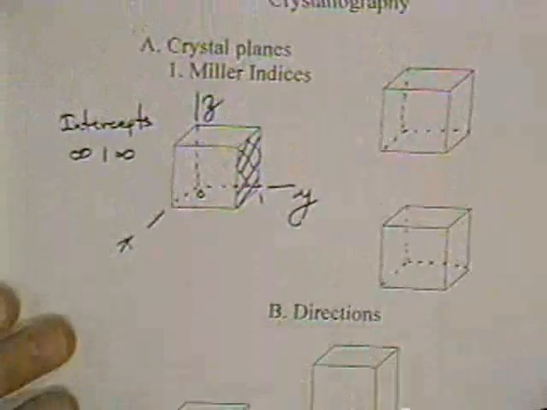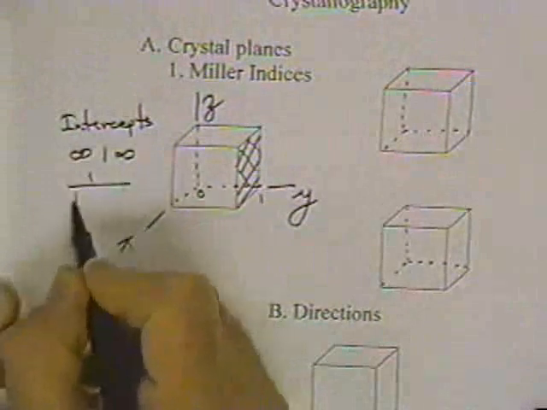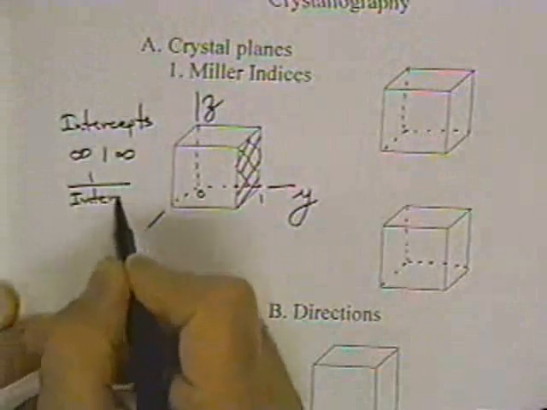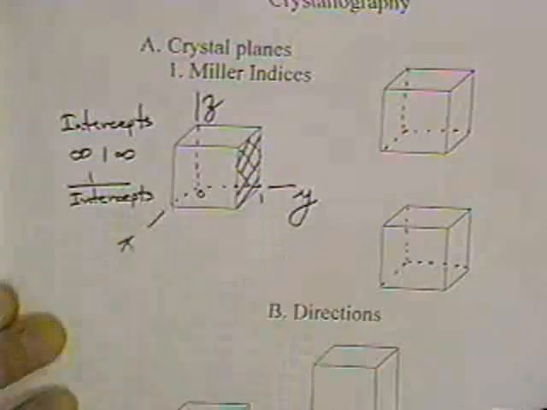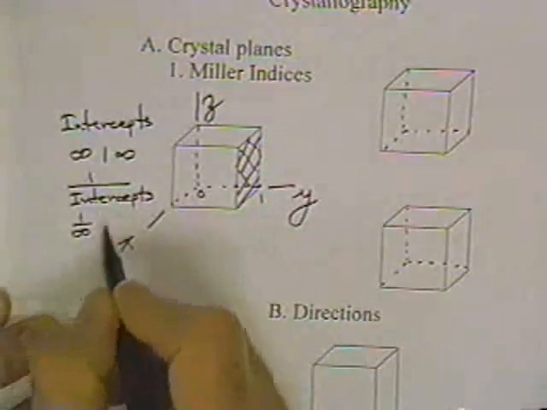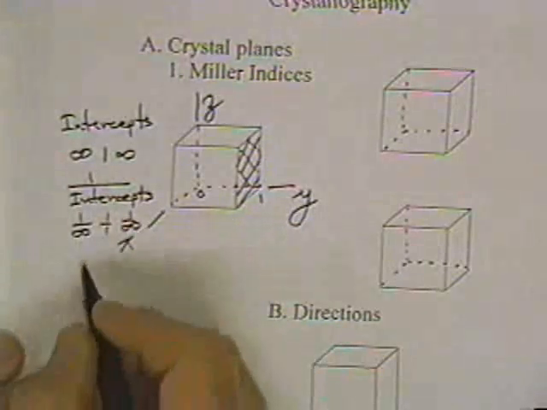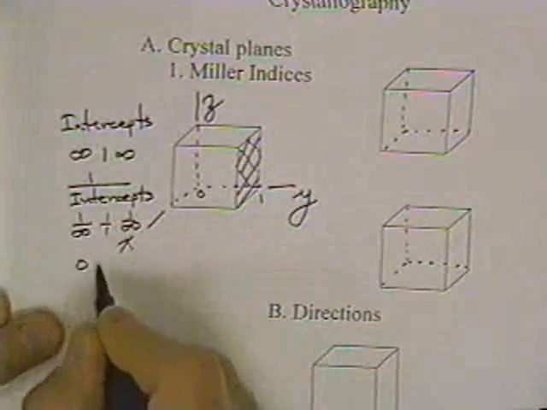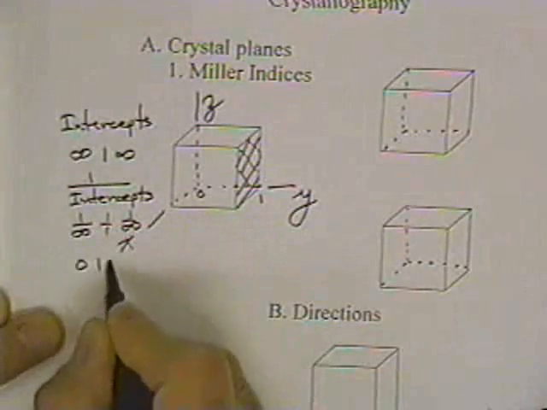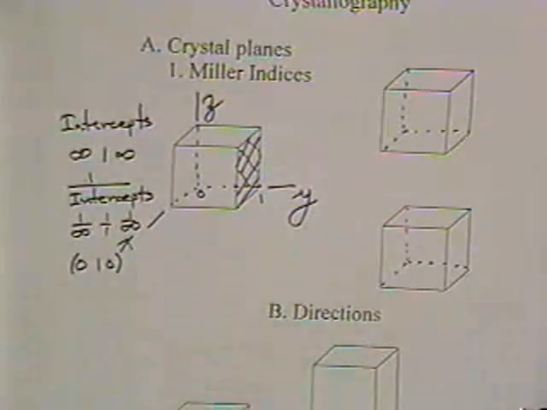Now the next thing that you have to do, and this is maybe the trick, you take 1 over the intercepts. And those of you that are fast already can see what's going to happen. We've got 1 over infinity, 1 over 1, 1 over infinity. So the Miller indices will be 0, 1, 0, and for a particular plane they represent that with parentheses.